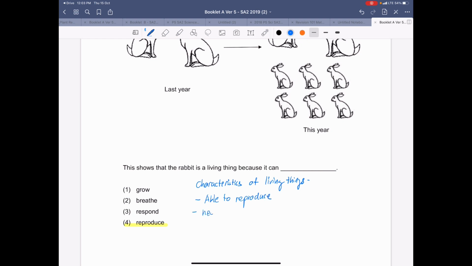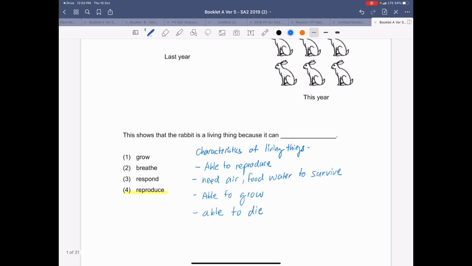They need air, food, and water to survive. They are able to grow. They can die. And respond to changes. Well done.